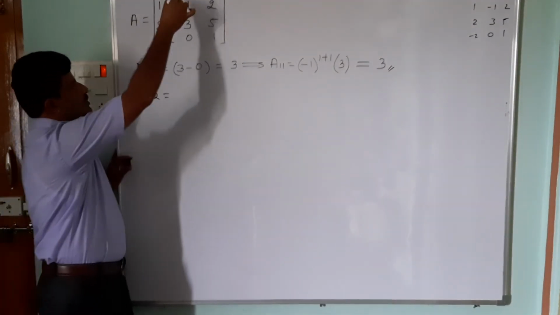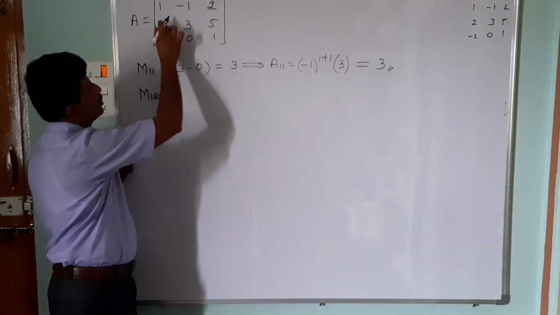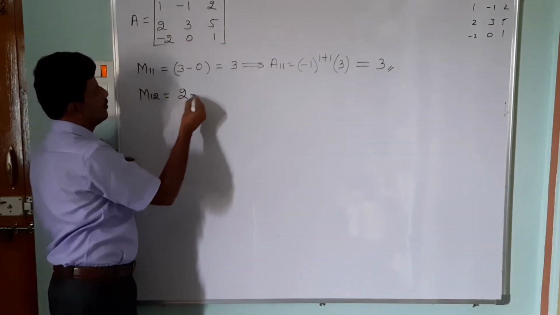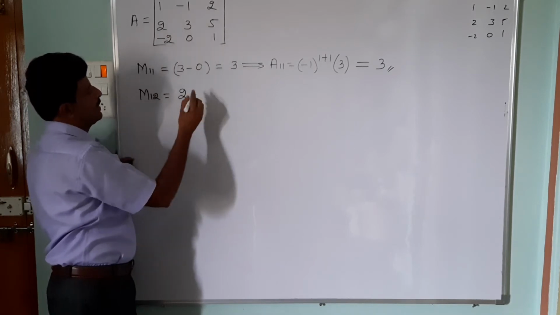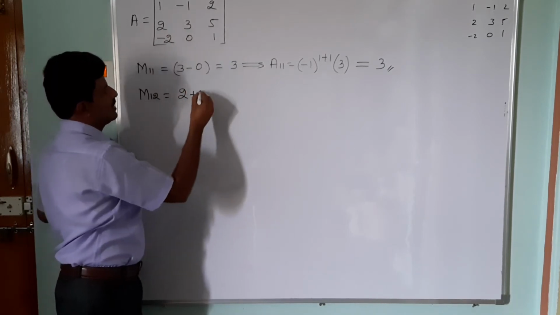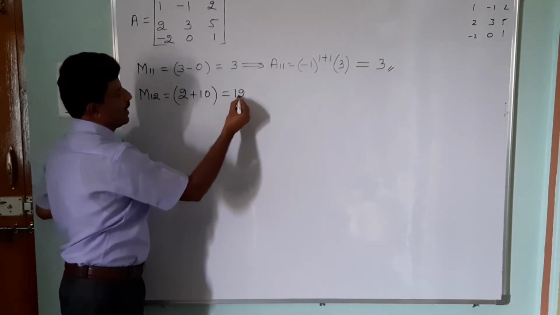Next, M12 is equal to: close this column and row. 2 5 minus 2 1, 2 ones are 2, minus into minus is plus, 2 fives are 10, so 2 plus 10 is equal to 12.